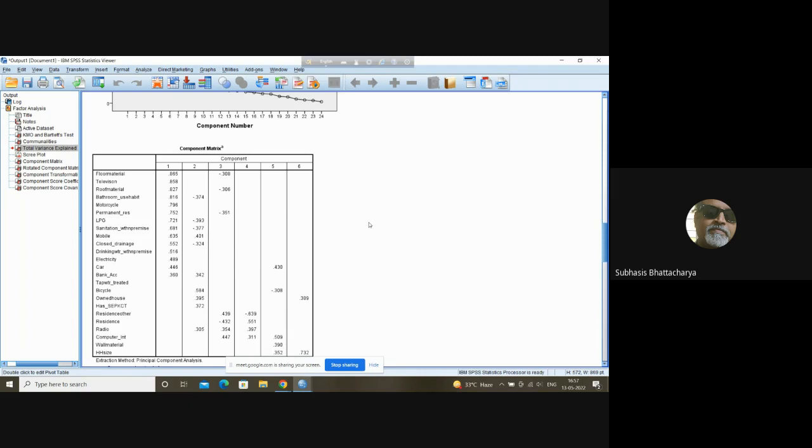That is why the eigenvalues are important. When the sum of the variance-covariance is equivalent to the sum of all eigenvalues, then we say the model is adequate.